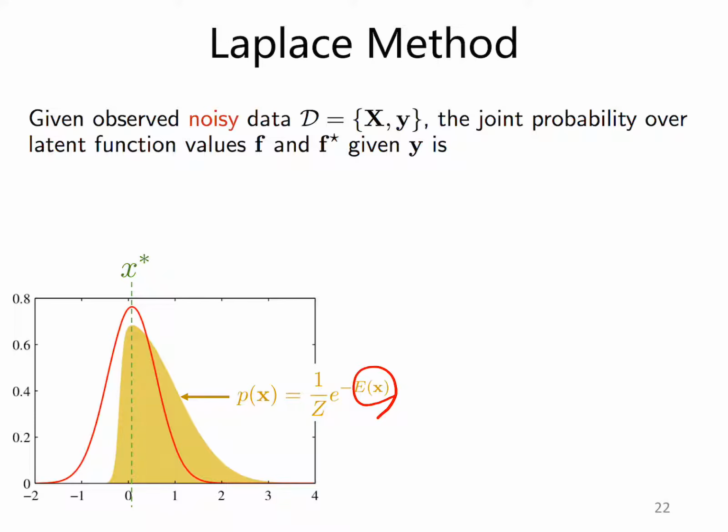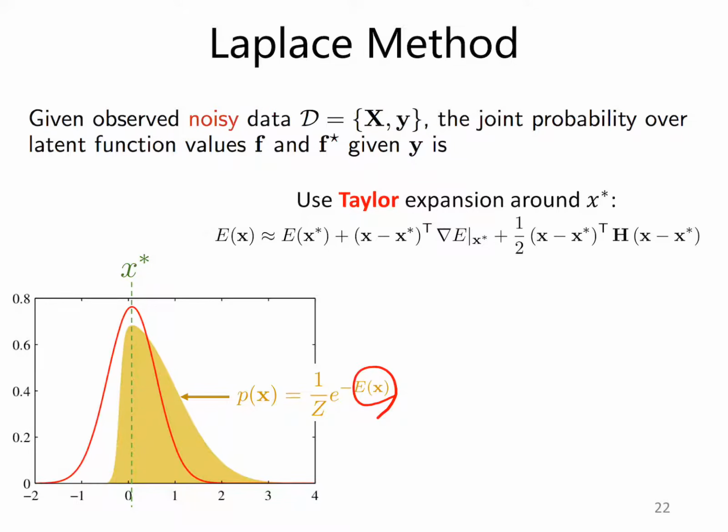So I'm going to find the peak and make a Taylor expansion around that peak. Around that peak there is a constant, a linear term, and a quadratic term. This is just Taylor expansion. But because I found x star, which is the peak, it has a zero gradient, so the linear term is going to go away.